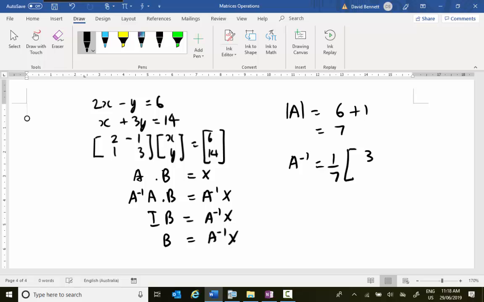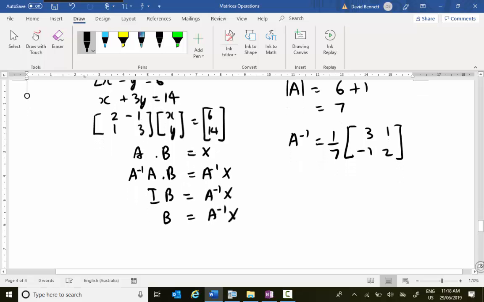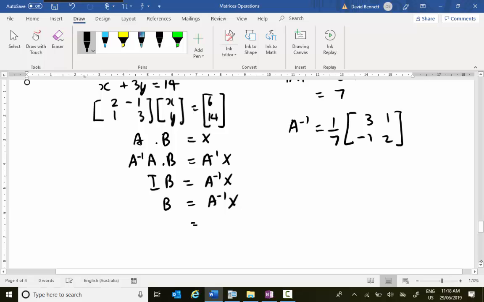We swap the diagonal there, and we change the sign of these other things there. So therefore, my inverse matrix of A is 3 on 7, 1 on 7, negative 1 on 7, and 2 on 7.